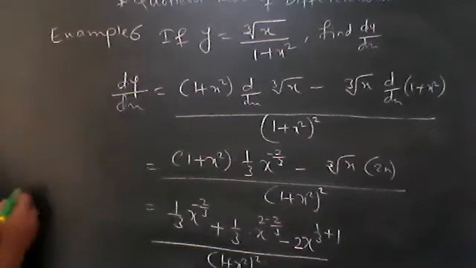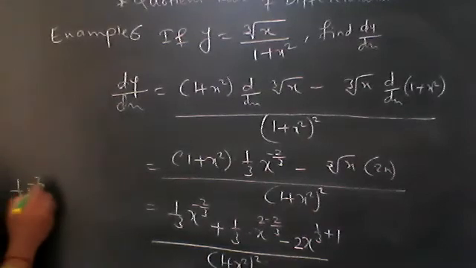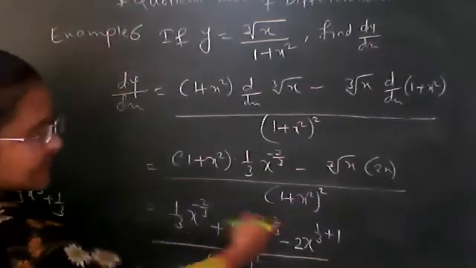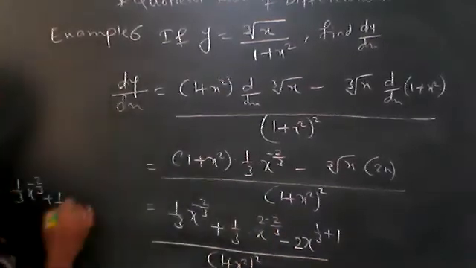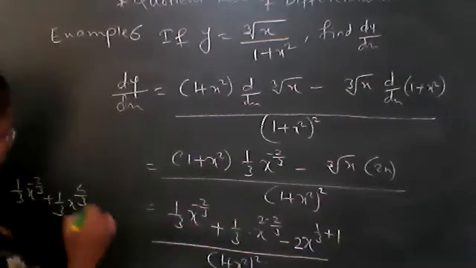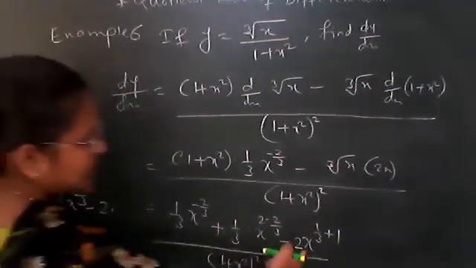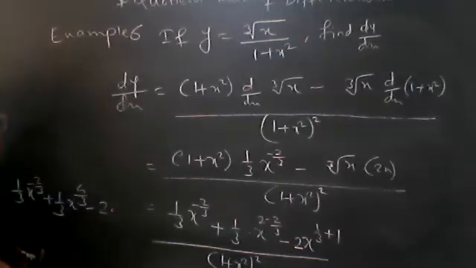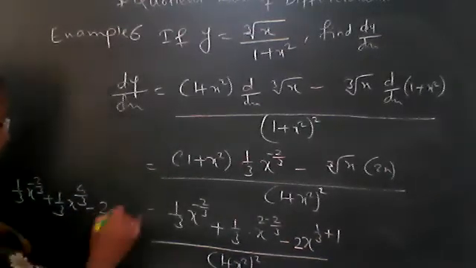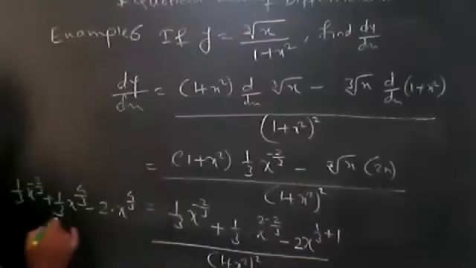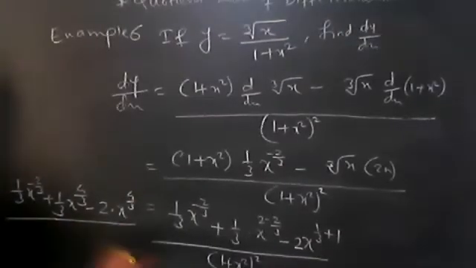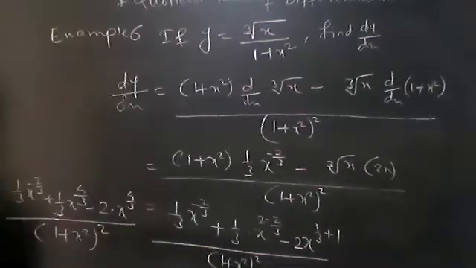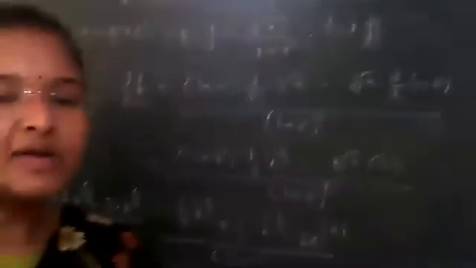I'll write this side now. 1 by 3 x raised to minus 2 by 3 plus 1 by 3 into x raised to 4 by 3 minus 2 times x raised to, here also 1 by 3 plus 1, that is 1 plus 3 by 3, 4 by 3 only. So this we have to calculate again, and whole thing divided by (1 plus x square) whole square. Any doubt in this?